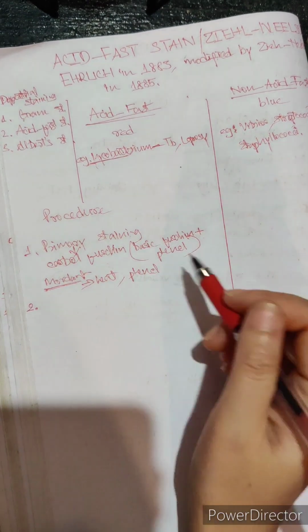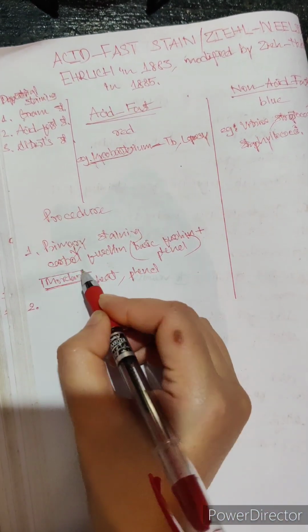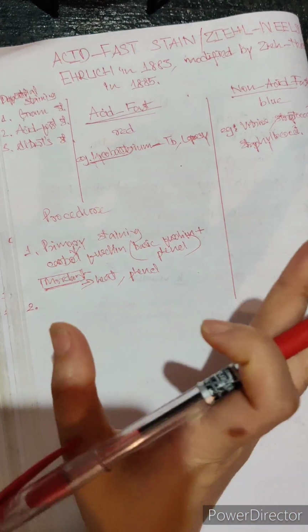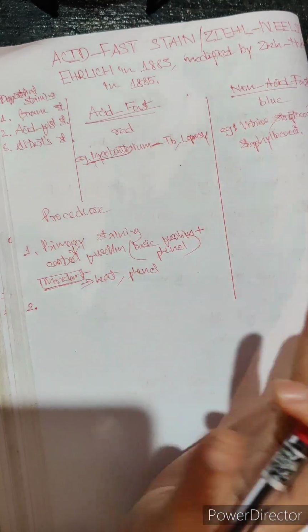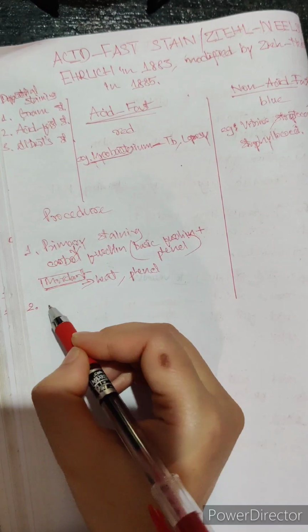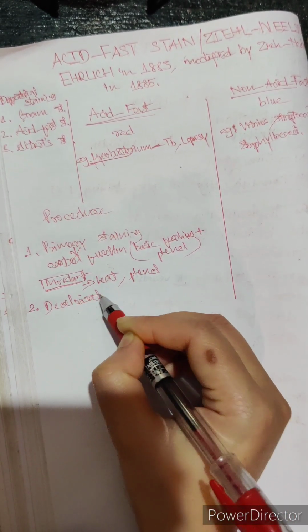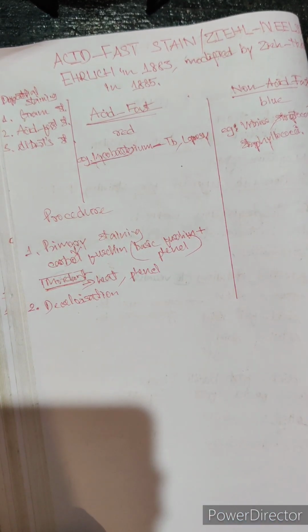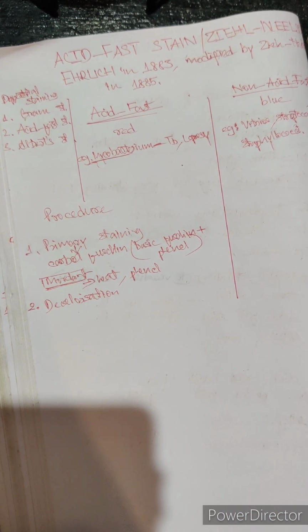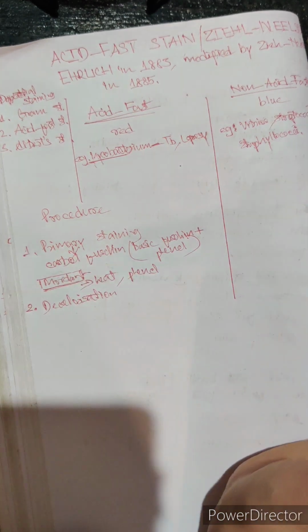So there is no second step of adding a mordant. After heating for 5 to 10 minutes, we wash it with water.